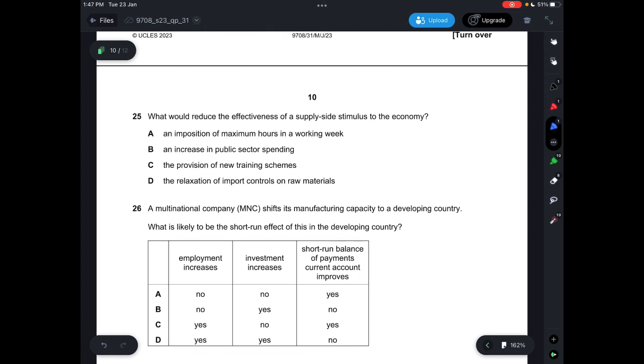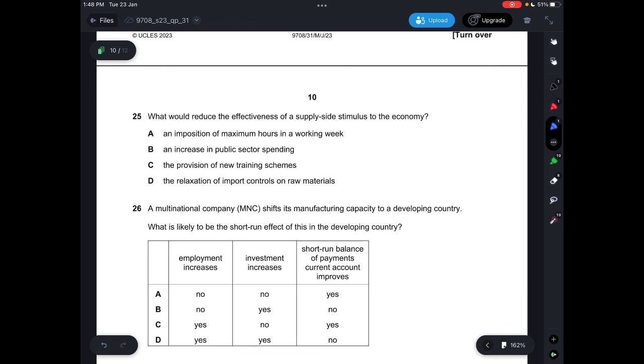And B says an increase in public sector spending. This one would result in more spending on the public sector, which would then improve education and so on. And A says an imposition of maximum hours, which will reduce the effectiveness of the supply side stimulus, because if you impose maximum hours, people will only work that specific amount of hours, and you'll churn out a lesser quantity.